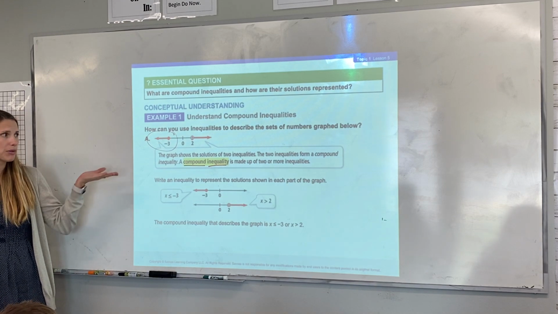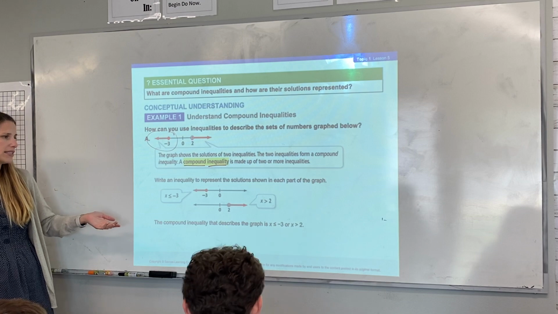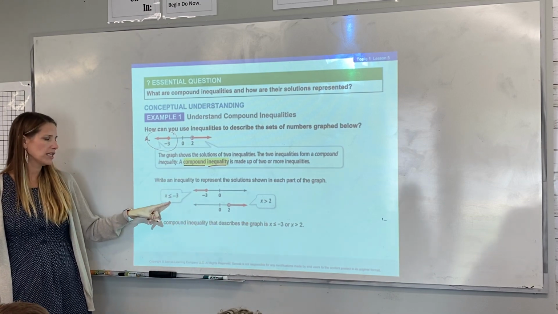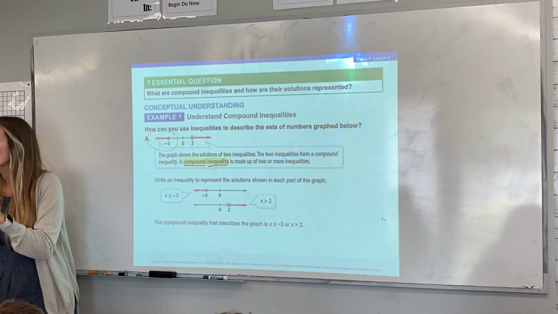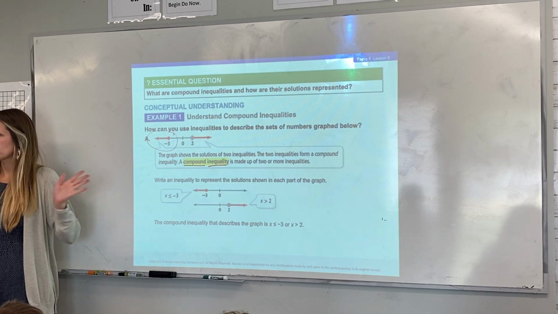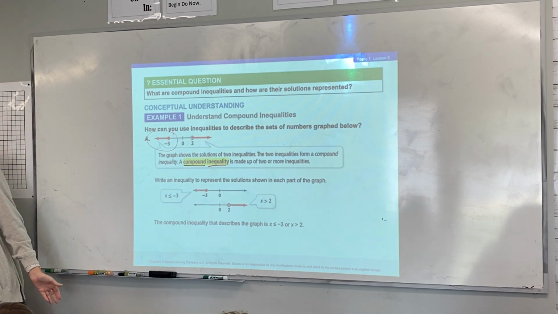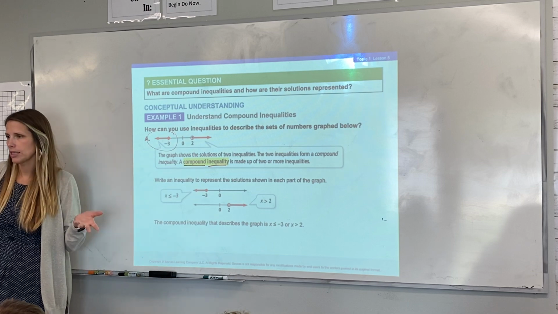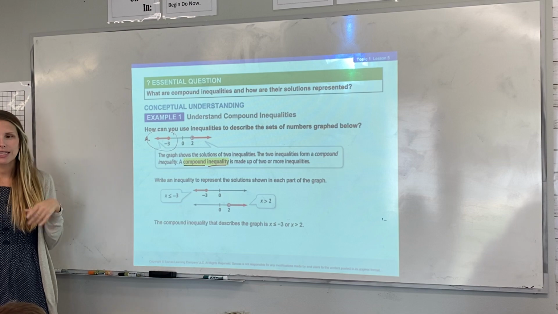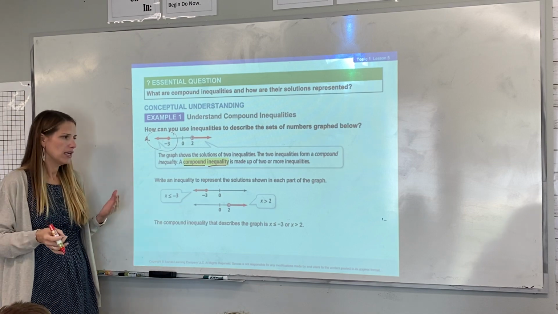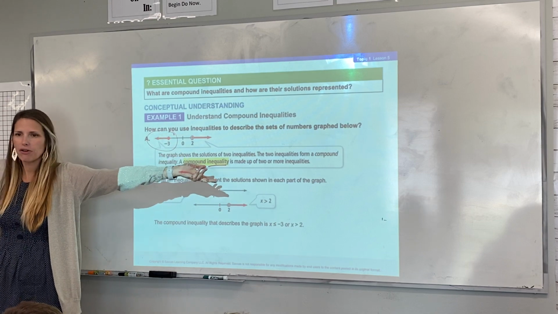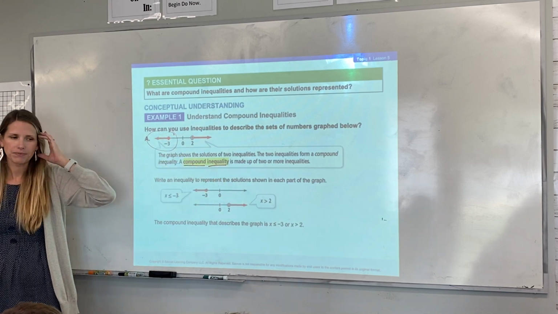So we would read this graph as x is less than or equal to -3, or x is greater than 2. They're going in opposite directions, so x is either going this way or going this way. It's an or statement. We will be dealing with and statements in a second, but this is an or statement: one goes this way, one goes that way. They're never meeting.